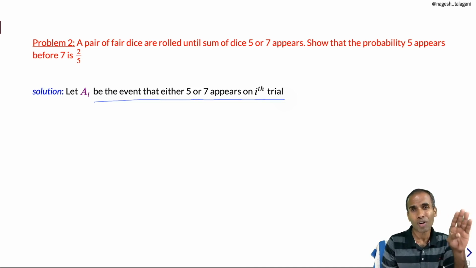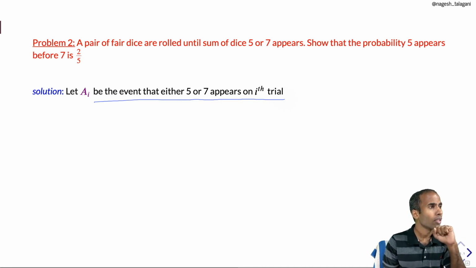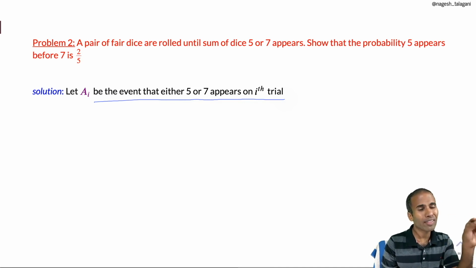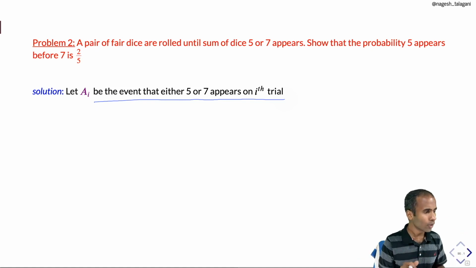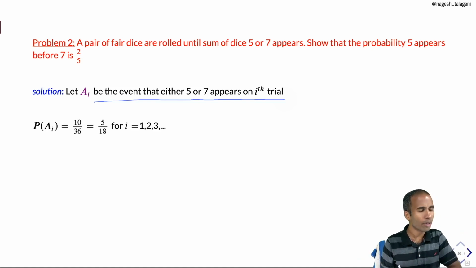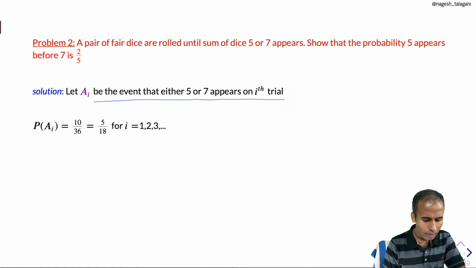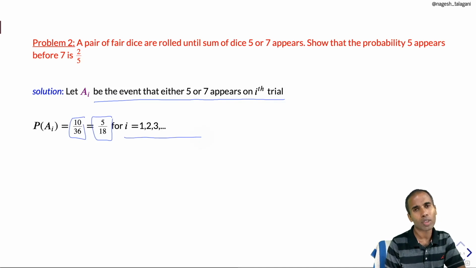And 6 outcomes will be favorable for getting sum 7: 1,6; 6,1; 5,2; 2,5; 4,3; 3,4. So there will be a total of 10 outcomes favorable for getting sum 5 or 7, and there is no overlapping here. So the probability of Ai is going to be 10 by 36, which is the same as 5 by 18, for any i equal to 1, 2, 3, and so on.